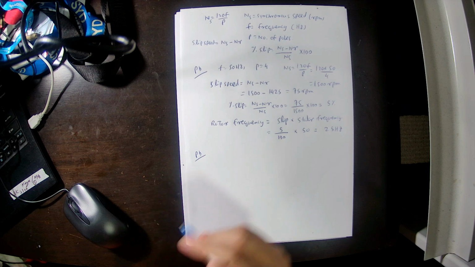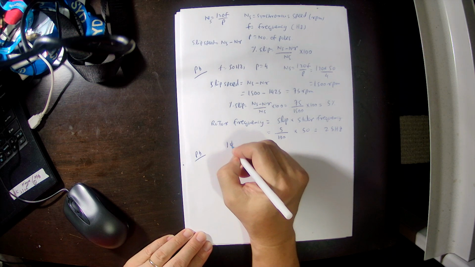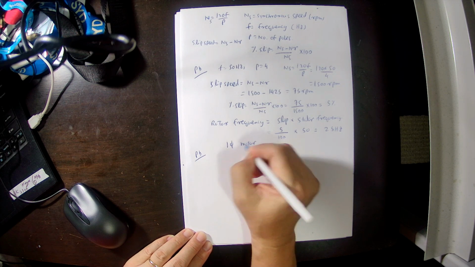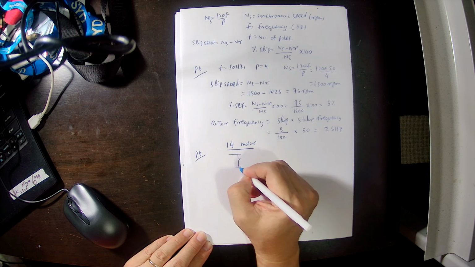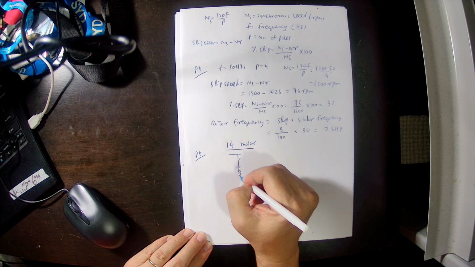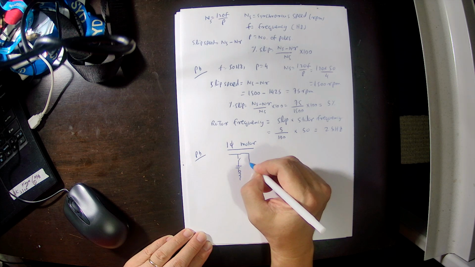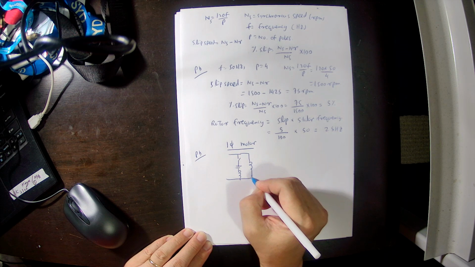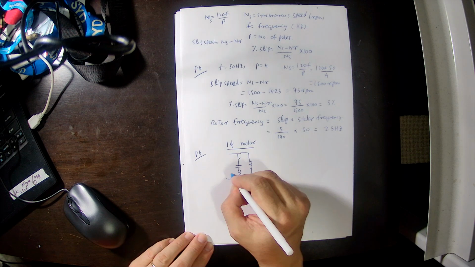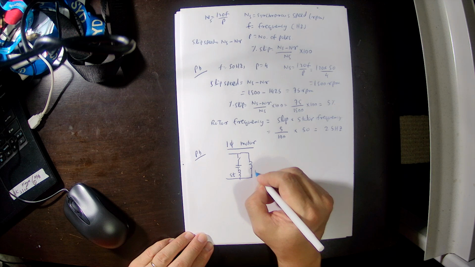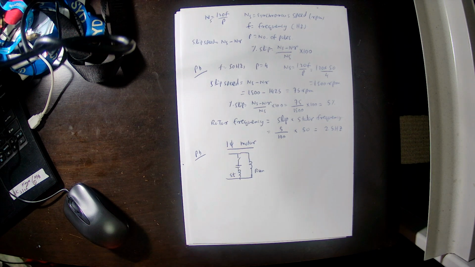So here is a single phase motor. A single phase motor has a starting winding, in which there will be a capacitor. This is a running winding. So this is a capacitor start motor: starting winding and running winding.